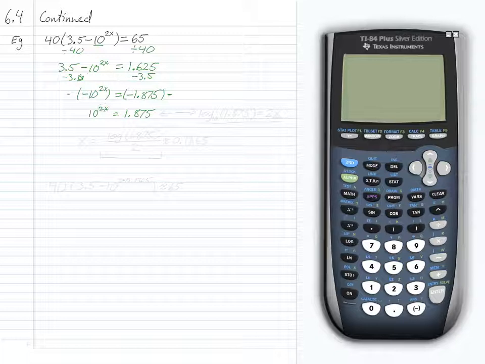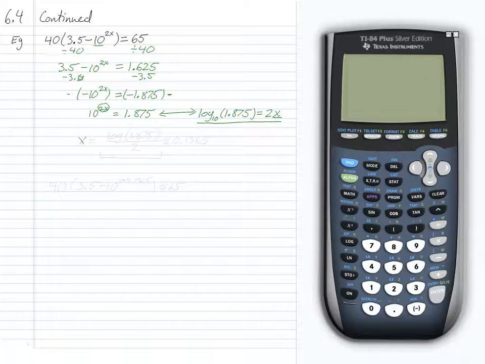Now I will convert this equation to a log equation by saying that log base 10 of 1.875 equals my exponent 2x. Finally, the only thing that I need to do to solve for x is to divide both sides of this equation by 2.